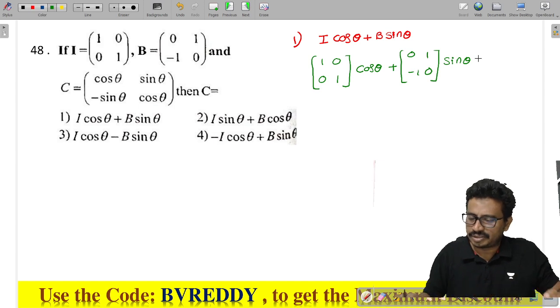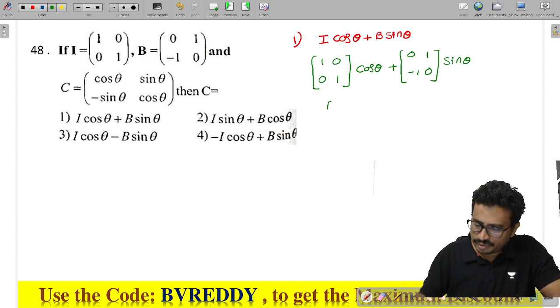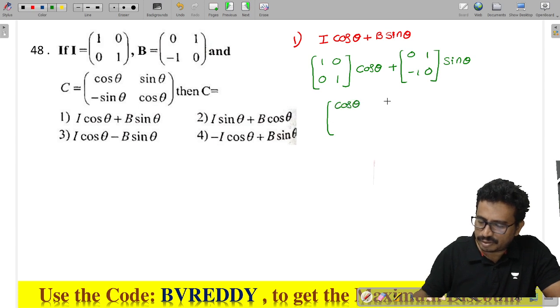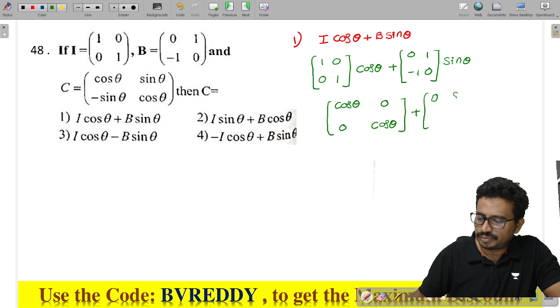Now let's see this thing here. We simplify here, so we will get cos theta 0 0 cos theta plus 0 sin theta minus sin theta and 0.